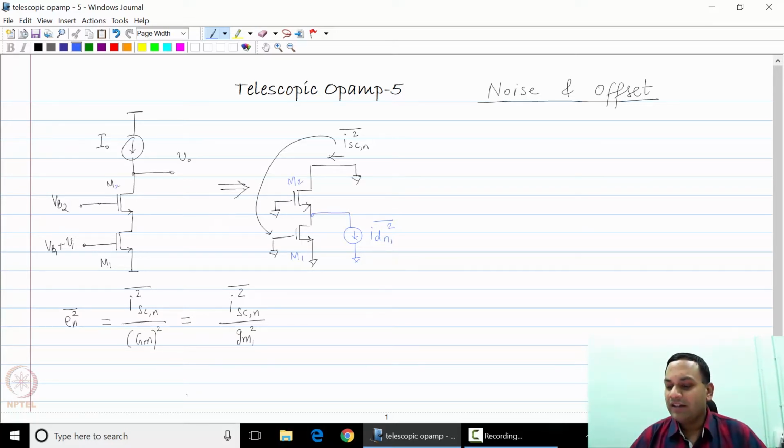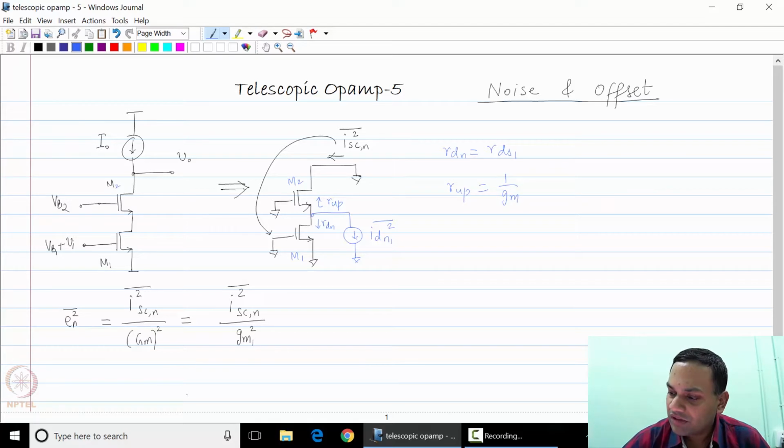If you look at the way it splits, the current will split in the order of the impedances. The impedance looking down, which I'll call R down, is nothing but the RDS of M1. The impedance looking up, which I'll call R up, is nothing but 1 over Gm2, because I have a short circuit at the drain of M2.